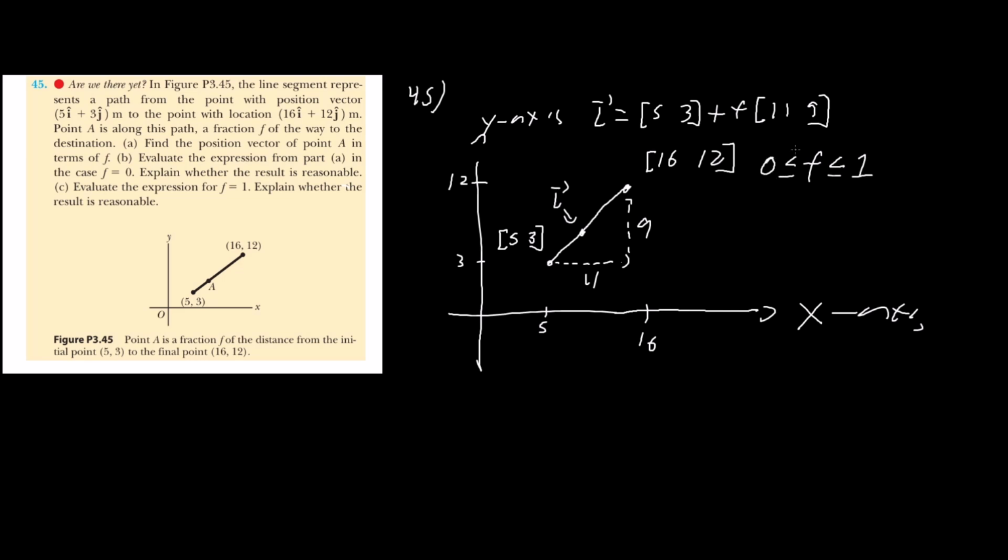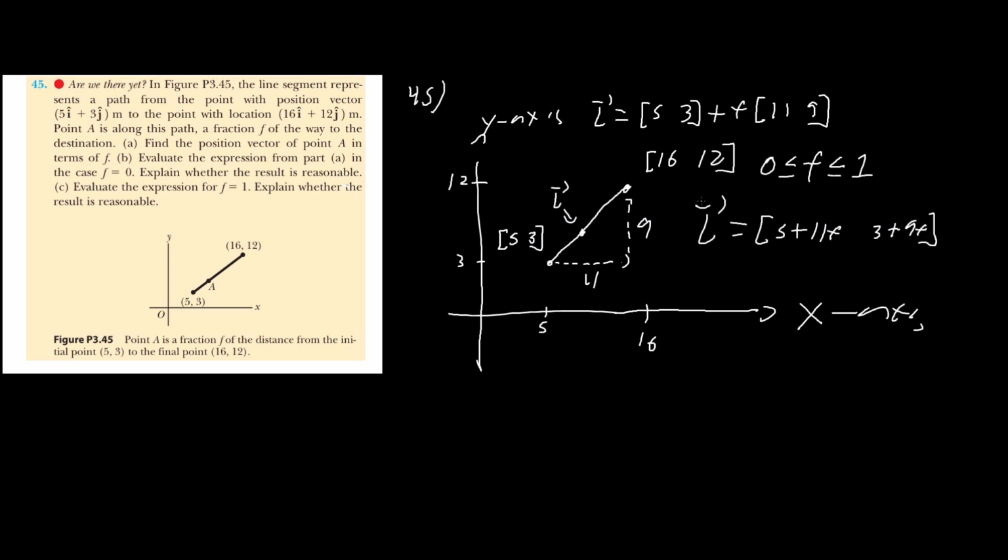I'm not sure how the answer has it, but that's how I'm going to write it down, folks. So L is the vector 5 plus 11f and 3 plus 9f. And that's it, folks.